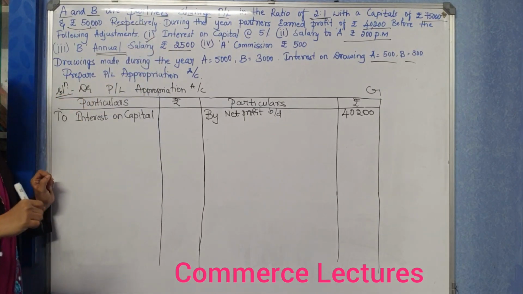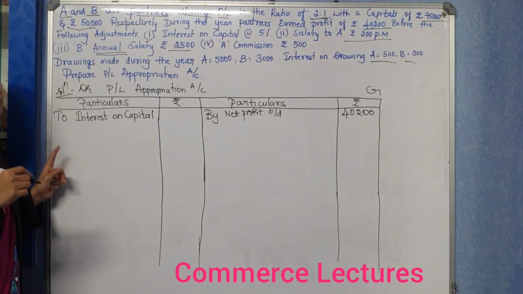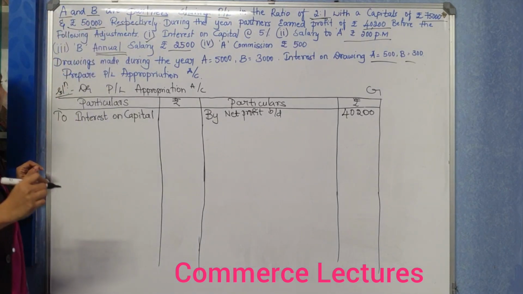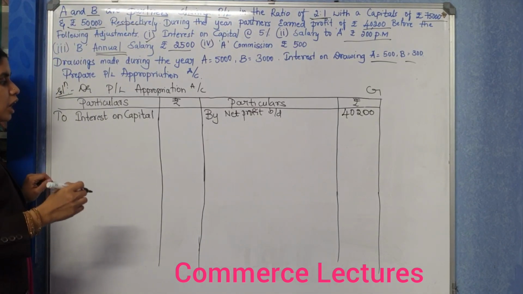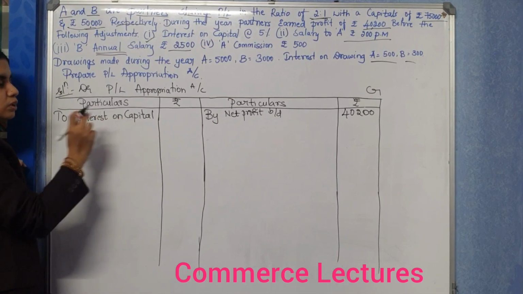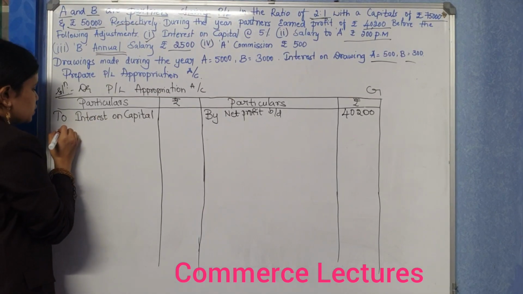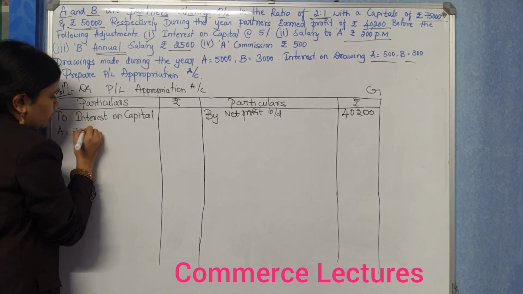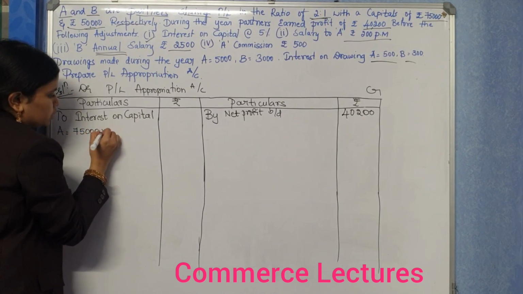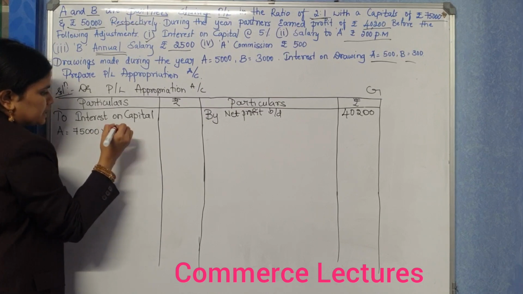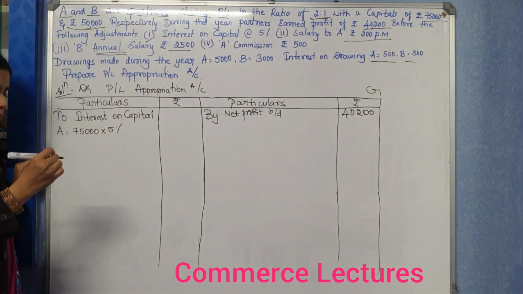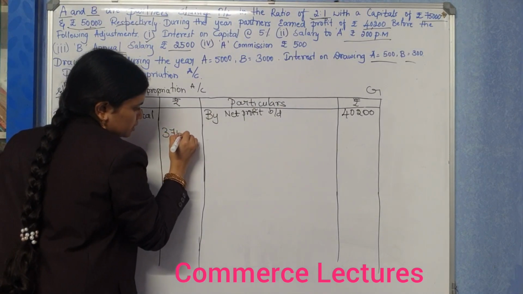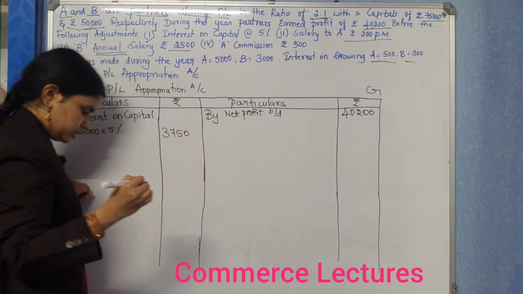So see the first point now. Interest on capital at 5%. The capital amount is given, 75,000 and 50,000. Now we have to calculate interest on capital. So A is equal to 75,000 into 5%. What will be the interest if you calculate? 3,750.